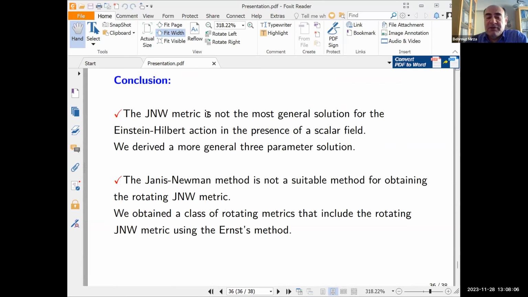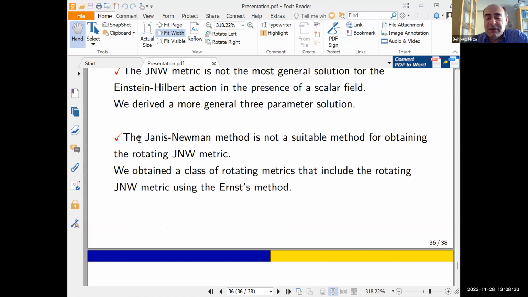The JNW metric is not the most general solution for the Einstein-Hilbert action in the presence of a scalar field. We derived a more general three-parameter solution with quadrupole moments. It should be noted that the Janis-Newman method does not work for deriving the rotating JNW metric.